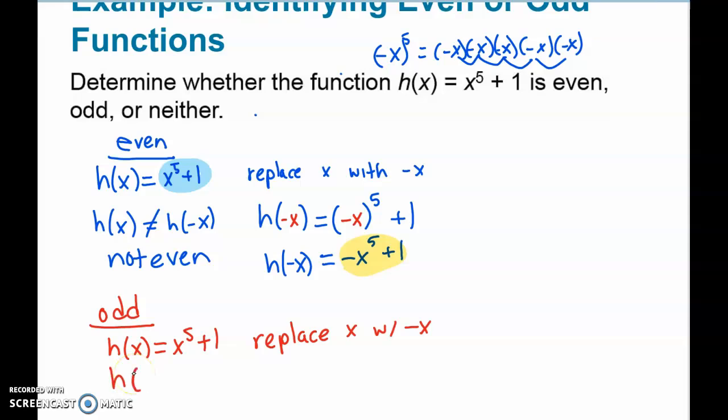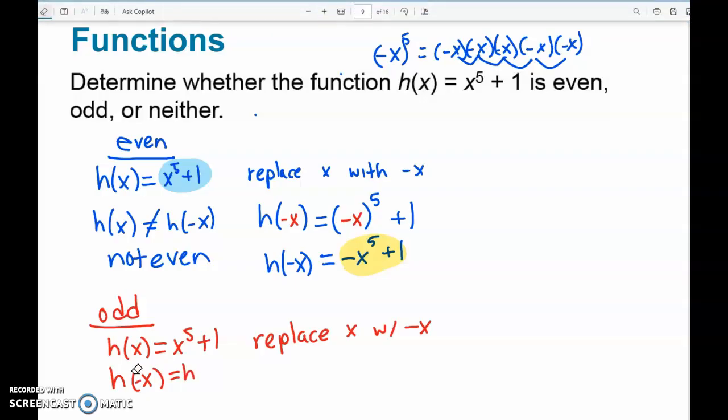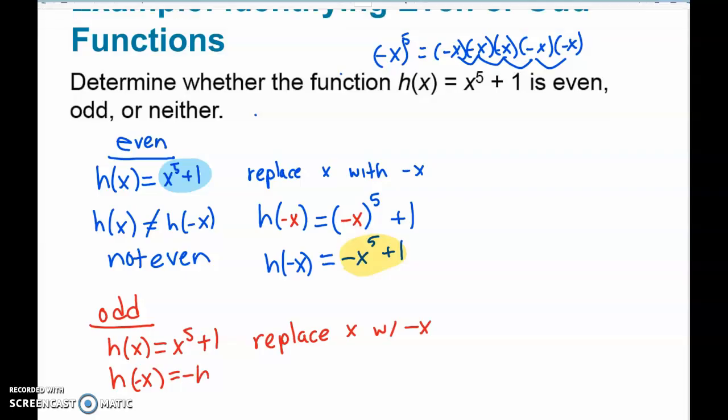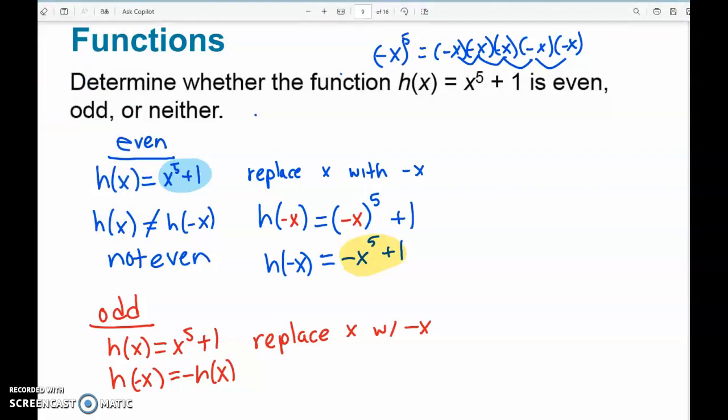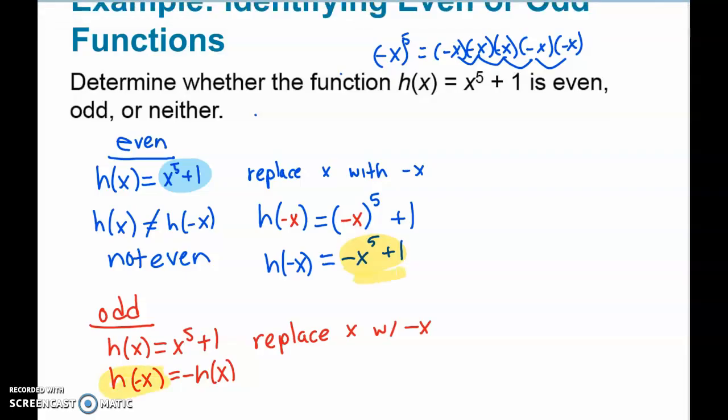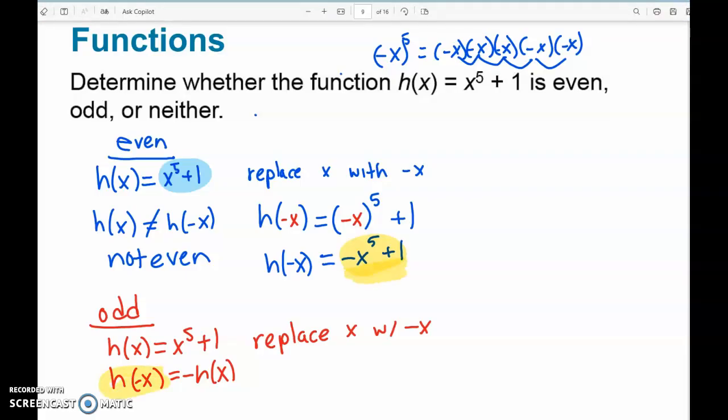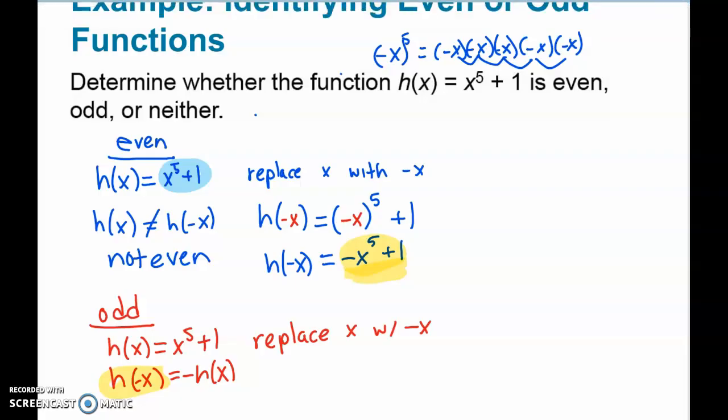And if it's an odd function, then this would be true. So I already know h at negative x, it looks like this. Right here, where I figured that out. But now I have to find what's the opposite of h.